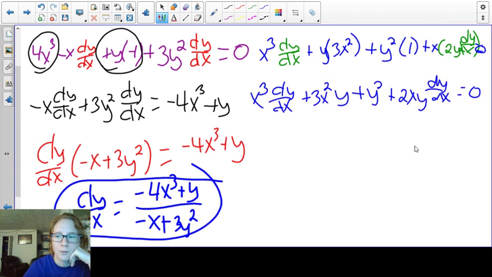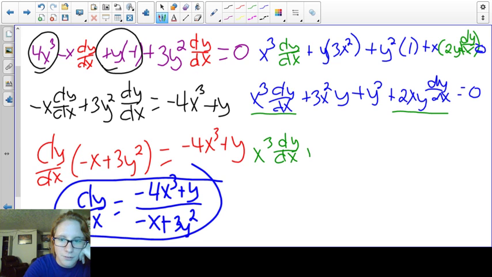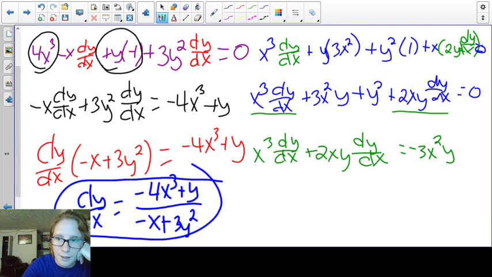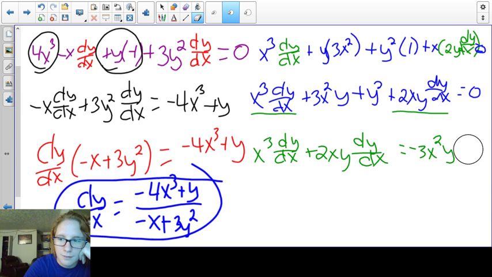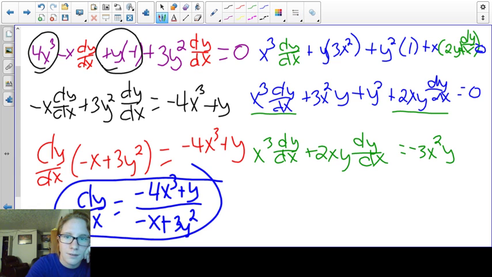Okay, so we're going to keep everything that has that dy dx on the side, so this guy's staying and that guy's staying. So I have x cubed dy dx plus 2xy dy dx is equal to -3x squared y minus y squared. Sorry about that.